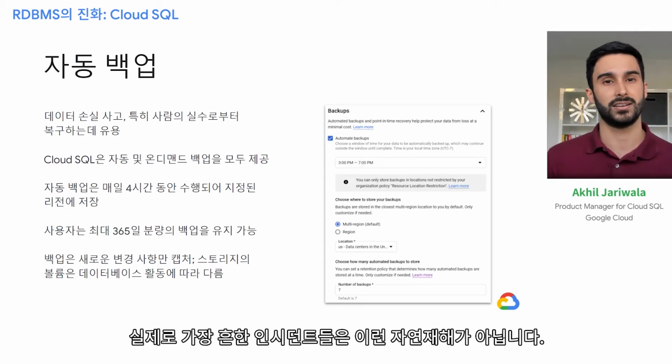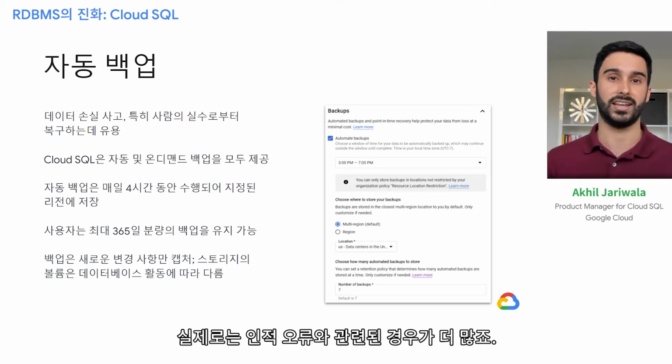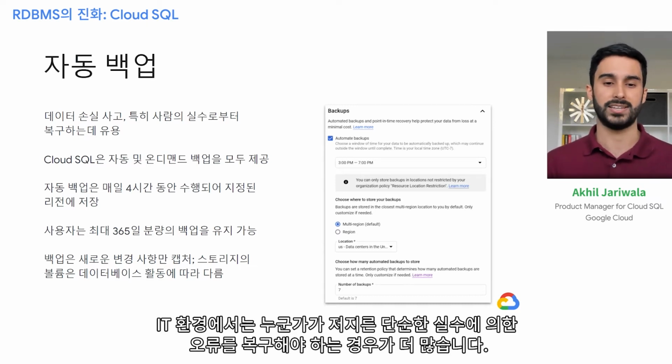And in practice, the most common incidents are not natural disasters like that. They tend to more often be related to human error. It's far more common for IT environments that we connect to to need to recover from a simple mistake that somebody made.